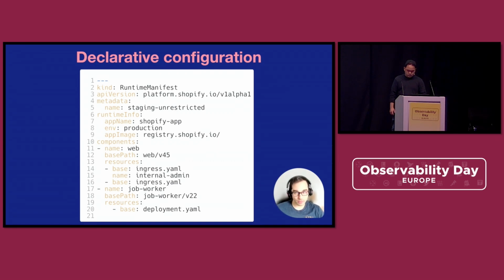So they write something called a runtime manifest. And then the production platform takes that runtime manifest, generates Kubernetes manifests, applies them to Kubernetes, and manages all of the lifecycle of the application. And during this process, we wire up all of the observability.